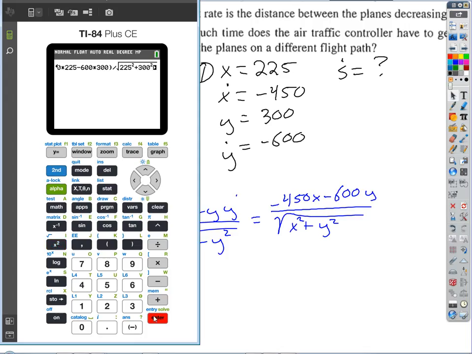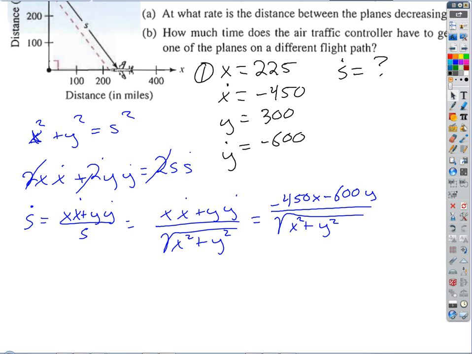Okay, enter. So the planes are approaching each other at a rate of 750 miles per hour. So that's the answer to part A.